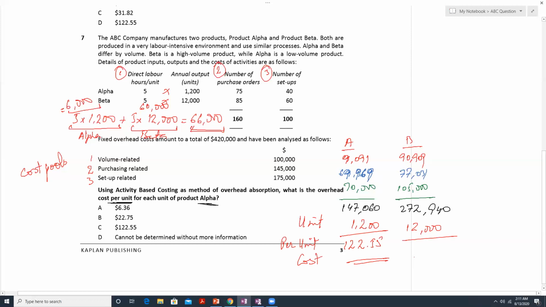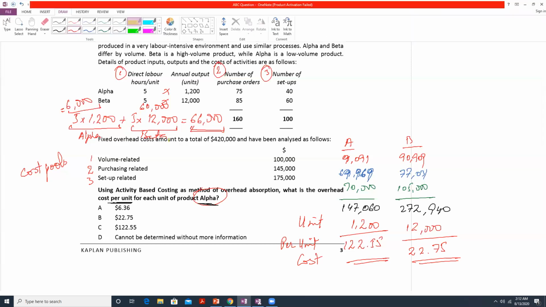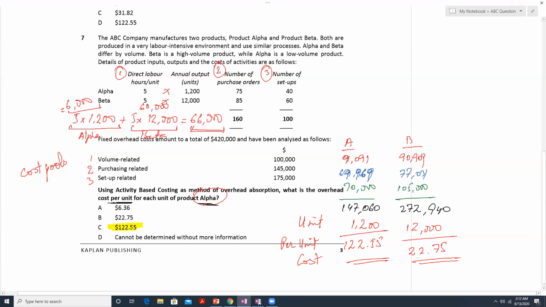And for beta you will get a per unit cost of 22.75. But in this question we are only required to calculate per unit cost for alpha. So the answer is definitely this one, 122.55. Here I have written 122.55 is the per unit cost for alpha.